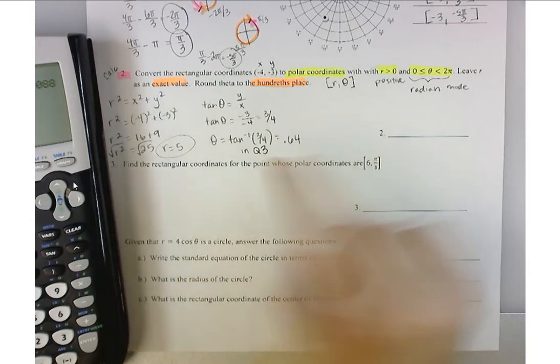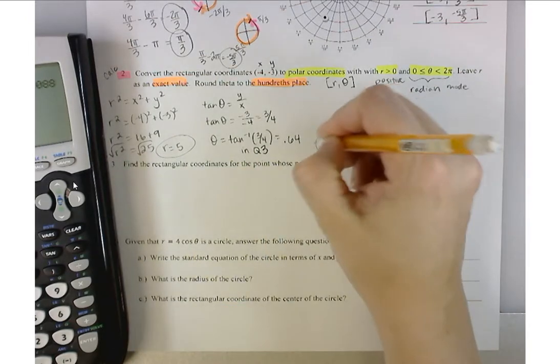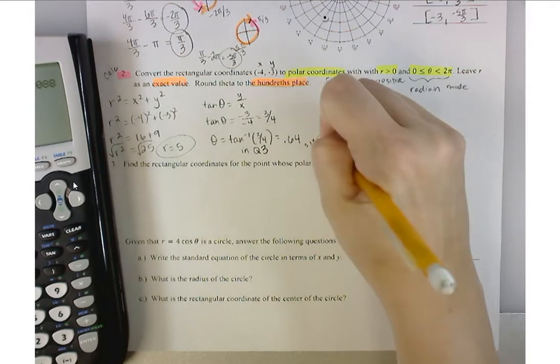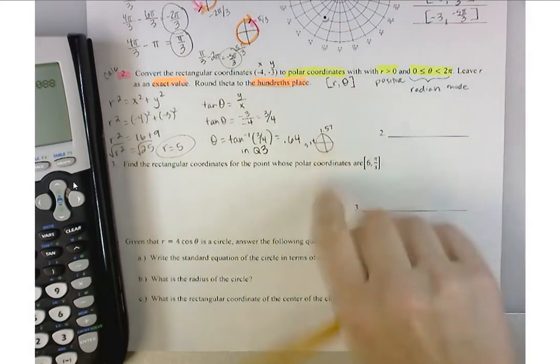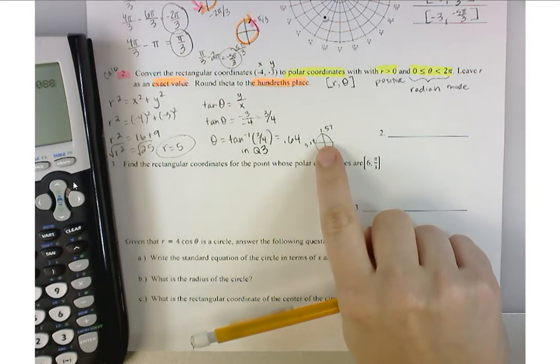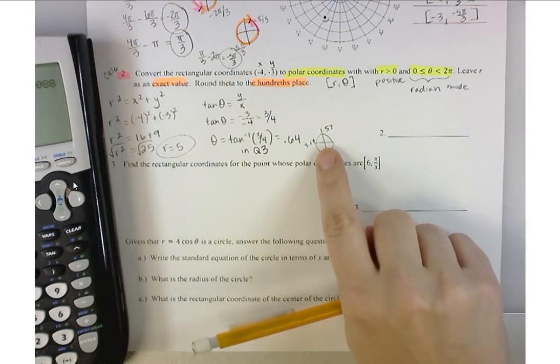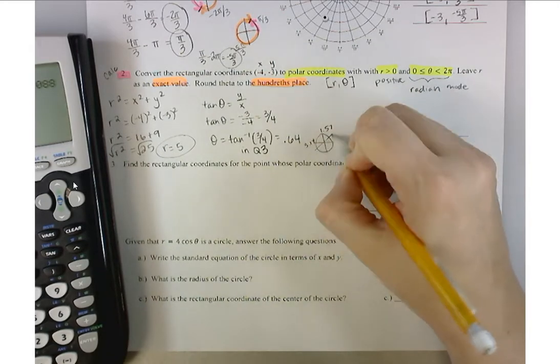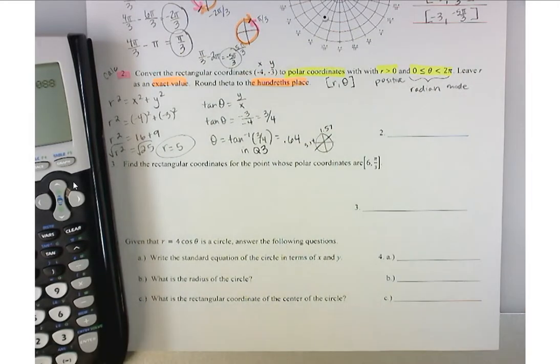No, we should know that right away, because when we think of the unit circle, we know pi is 3.14 and half of it is 1.57. So 0.64 has to be somewhere in quadrant 1. To find where it is in quadrant 3, all we have to do is add pi, because it's always going to be directly across the circle. That's because tangent's period is pi, so it repeats itself every pi units.